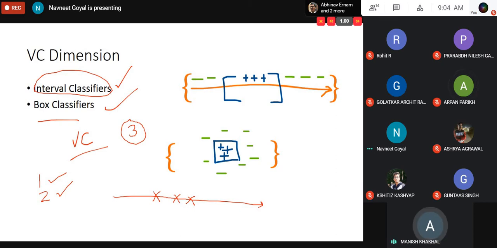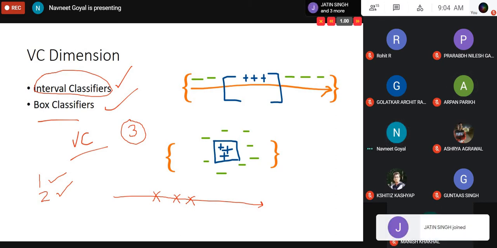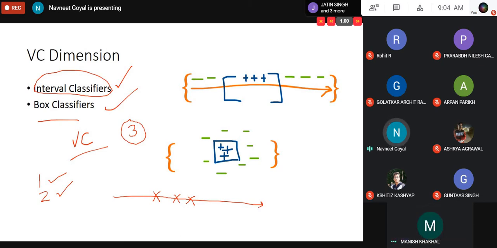And if I label them all negative, do I have a solution? Yes. Now let me give you some situations: the left 2 are negative and the right 1 positive. Do we have a solution? Yes.